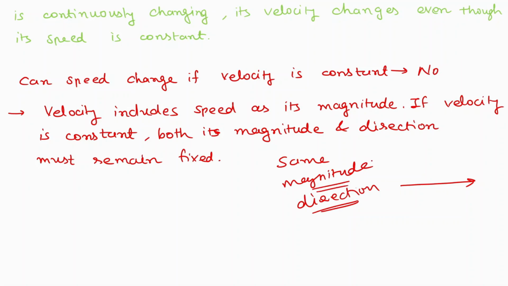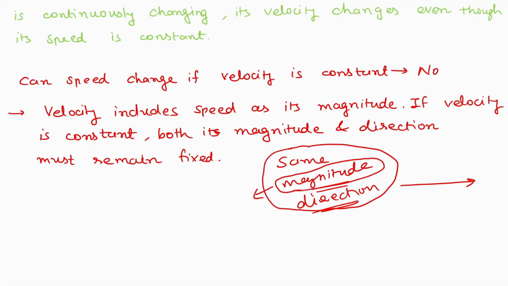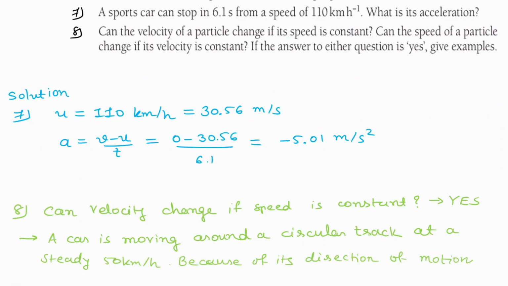If you know the definition of speed, the magnitude should be constant throughout the motion. So the definition of velocity covers the definition of speed. So you can easily say that if velocity is constant, then speed must be constant. Okay. This is about question number 7 and question number 8.